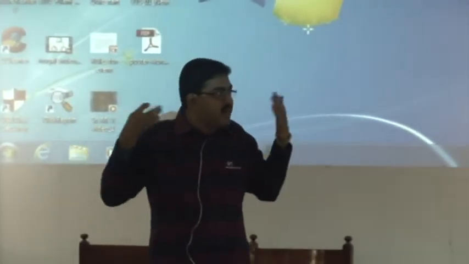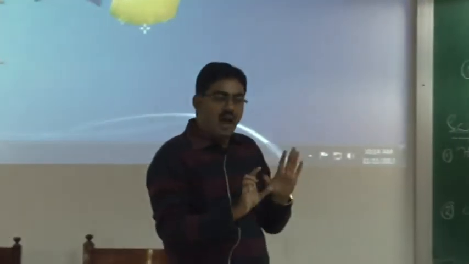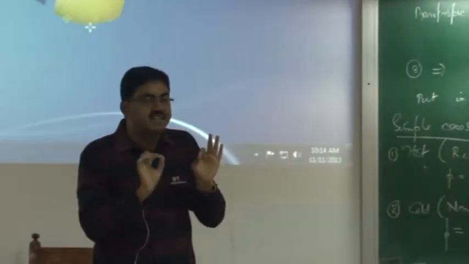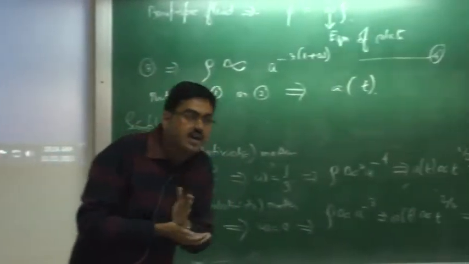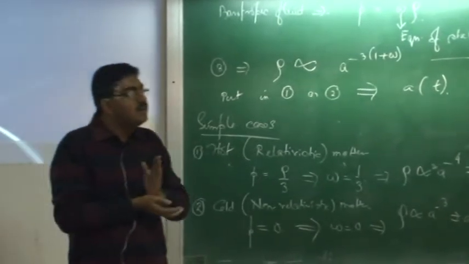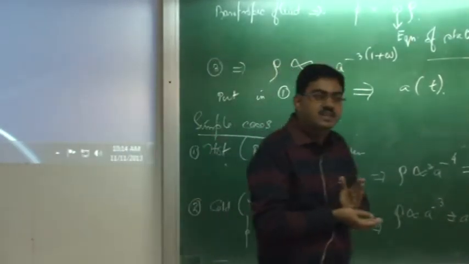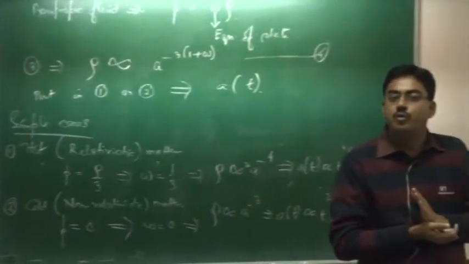Like if you consider present day universe, then you have, right now I'm not giving you the exact estimates, and I'll come to that point later on, but you have a little bit of ordinary matter, whatever we see today in the form of luminous matter, you have a little bit of dark matter, you have a little bit of dark energy, you have a little bit of curvature, you have a little bit of radiation, and so on and so forth.